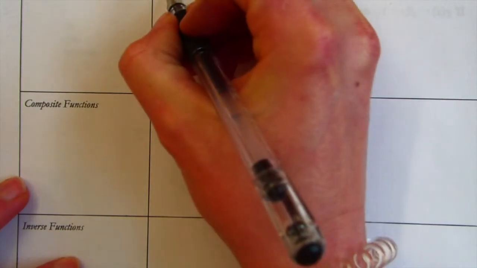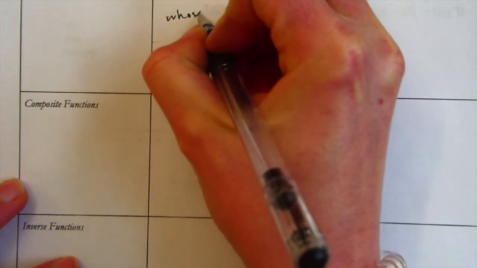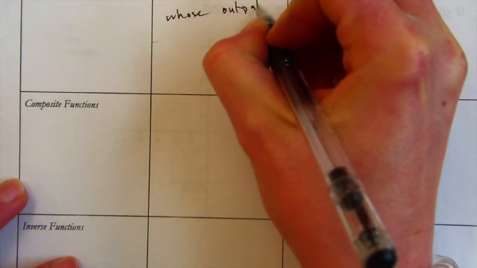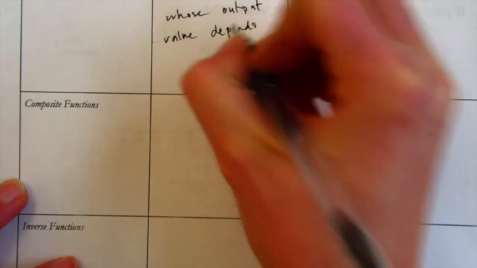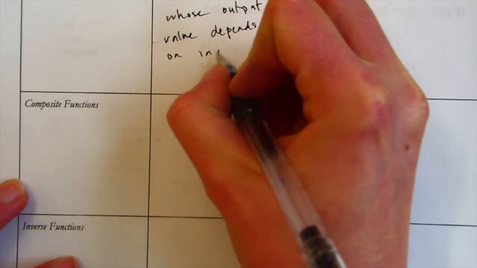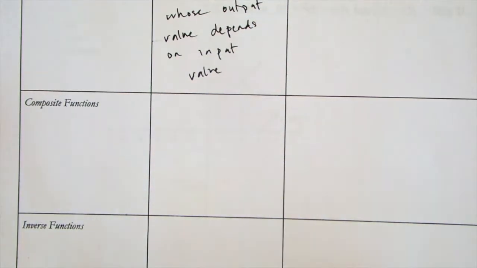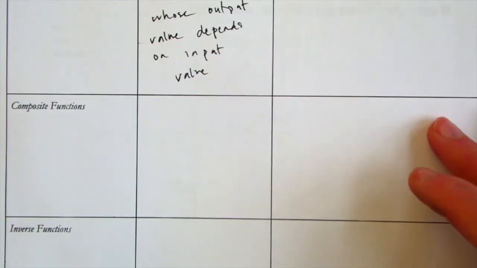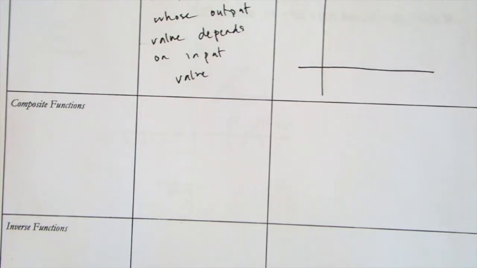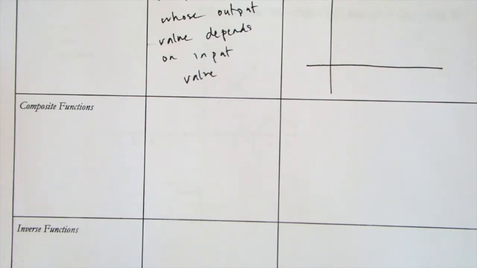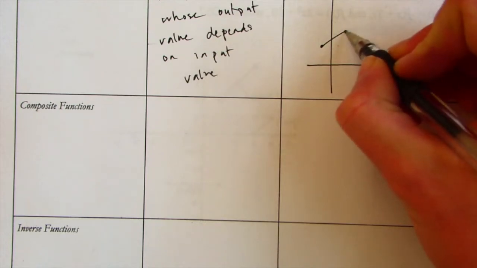So it's a function whose output value depends on input value. So what does that actually mean? Well, the way that it's going to look in a graph is it's going to have multiple different pieces or different domains. So let's draw something that looks like that.